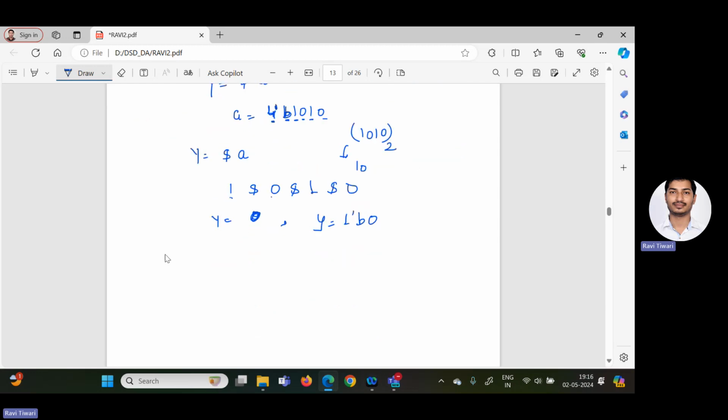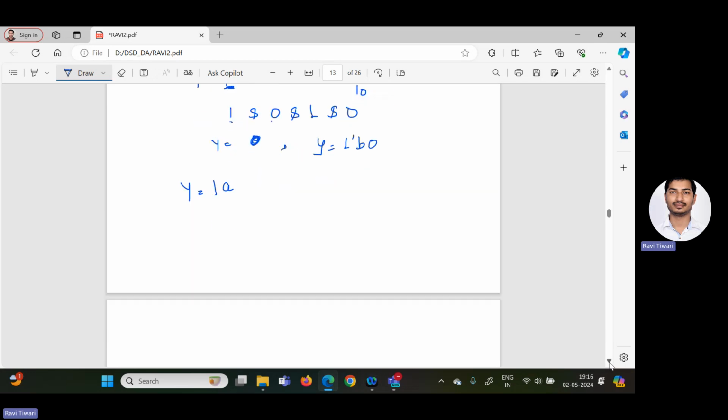For example, I am writing Y equals to, this sign is used for the OR. This sign is for the AND. So we will first see the symbols that we will use for different types of logical gates. So here I'm making one block to tell you which symbol we will use. This is the symbol, and this is the gate, primitive gates.